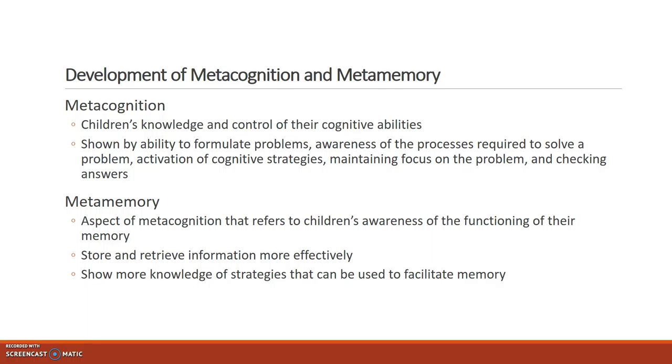And then the other thing that develops during this stage is metamemory. This is just the knowledge of the function and the processes involved in storing and using memory. So we know tricks and tips to help us store information more effectively. For instance, we may have been taught at an early age how to use flashcards.